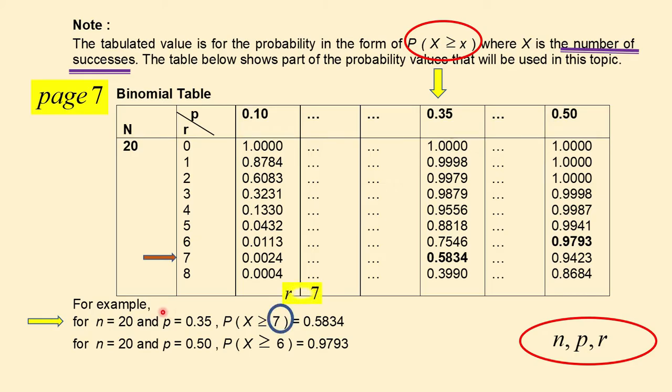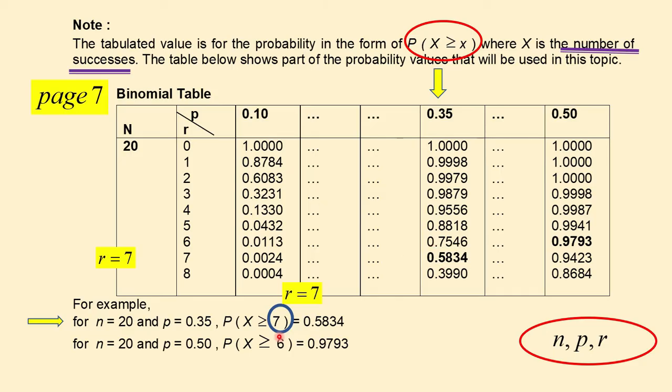So, when r equals 7 and n equals 20, you intersect p equals 0.35 and r equals 7, and you will get the value for probability x more than or equal to 7, which is 0.5834.